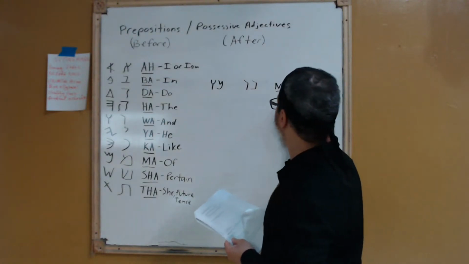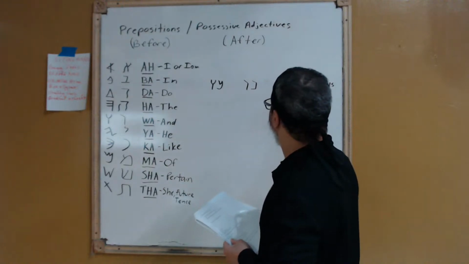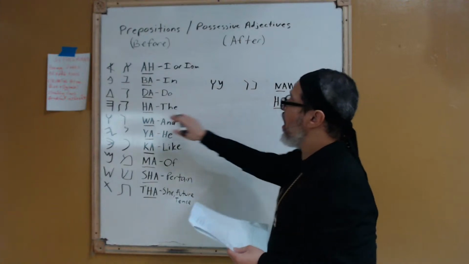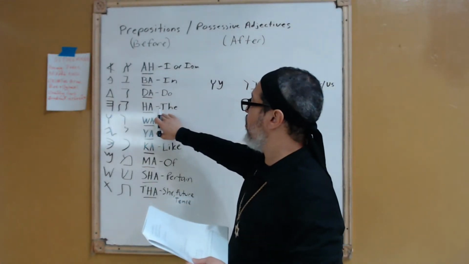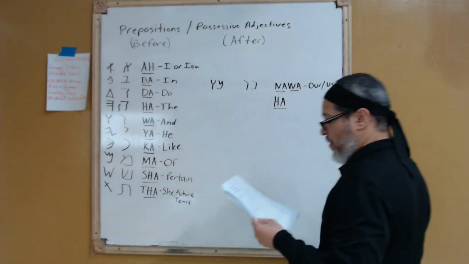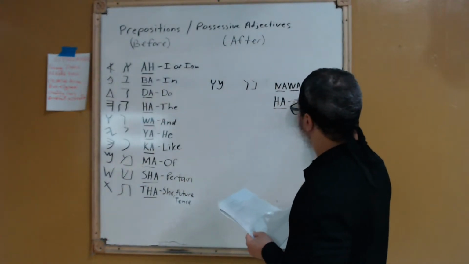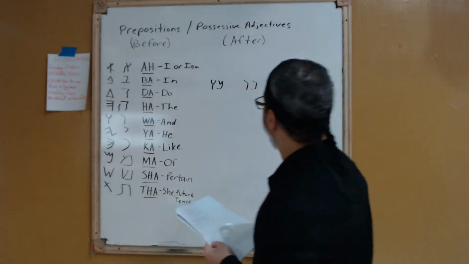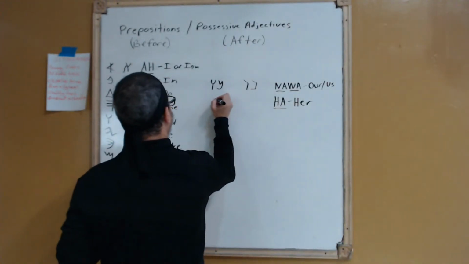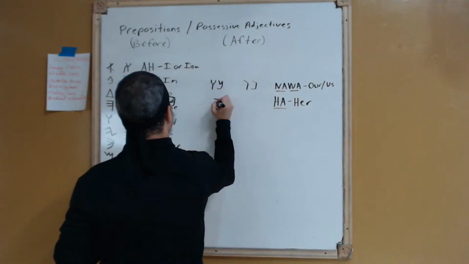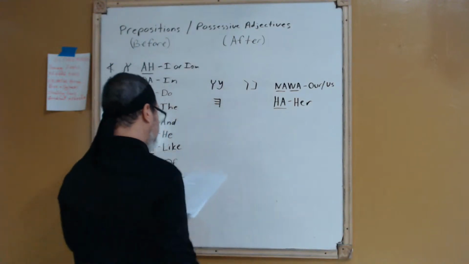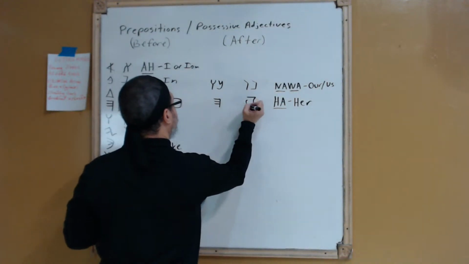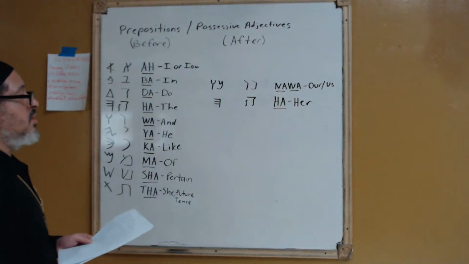Now we have the ha again. The ha at the beginning of the word is "the", but a ha at the end of a word could be "her". And the ha is this in the ancient, and that in the modern.